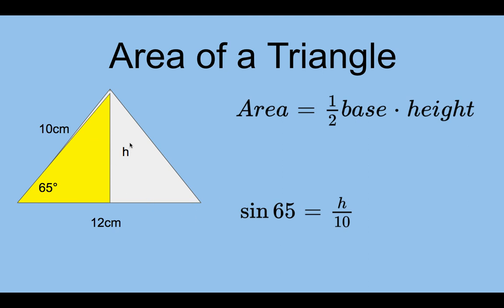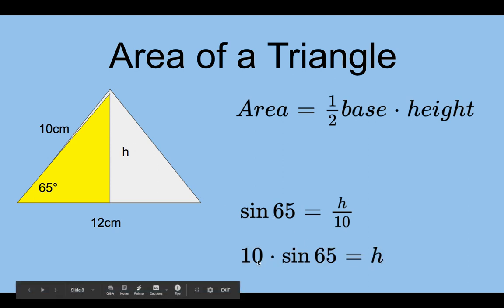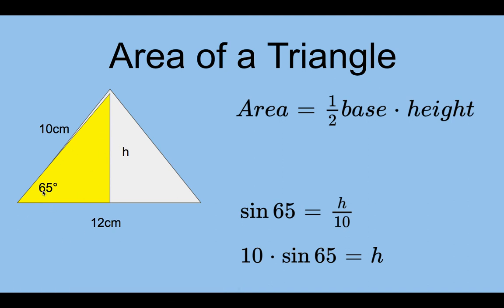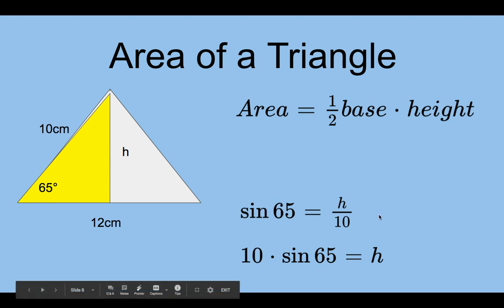If we were to find the height here, let's say the sine of 65 here, because this is a right angle now, because we've pushed the right angle into it, the sine of 65 equals h over 10. So we could say that the height equals 10 times sine 65. So we now know what the height is using this yellow right angle triangle here. The sine of 65 equals h opposite over hypotenuse, h over 10. Then we move the 10 up, and suddenly we've got the height.